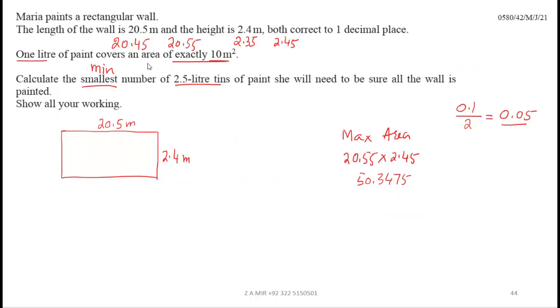Now, 1 liter of paint exactly covers 10 meters square. So 10 meters square requires 1 liter of paint. How many liters of paint are required to paint this area?